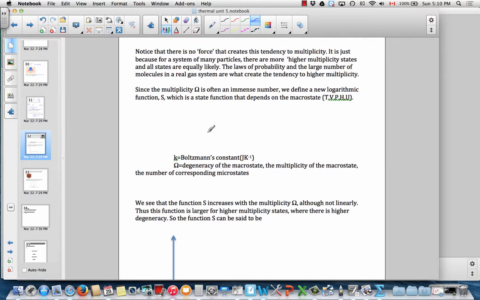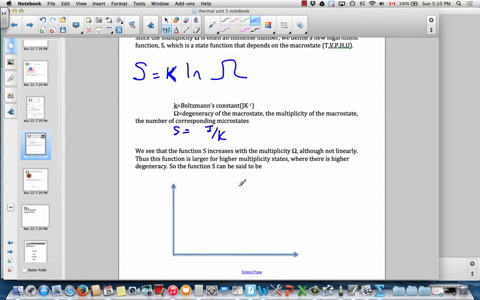that's why the system tends to end up there. Now, we saw in this derivation that omega, the degeneracy, is a huge number, so it makes sense to introduce a logarithmic scale. And we'll define a new function S that's proportional to the logarithm of the degeneracy. This is the Boltzmann constant k. Because omega, the degeneracy, has no units, our S function is going to end up having the same units as the Boltzmann constant, i.e. joules per Kelvin.